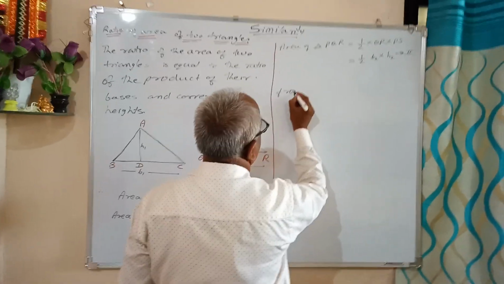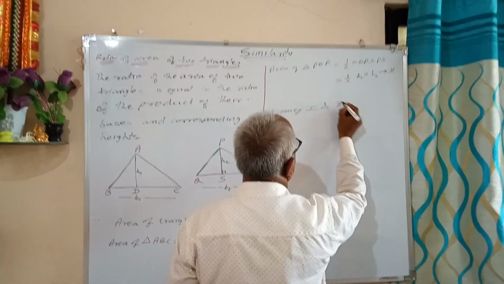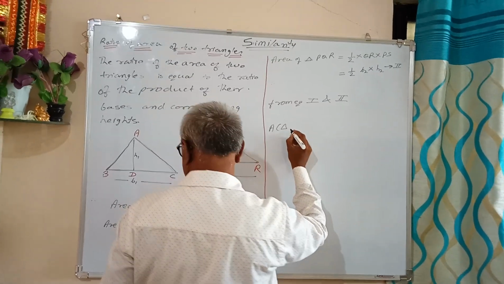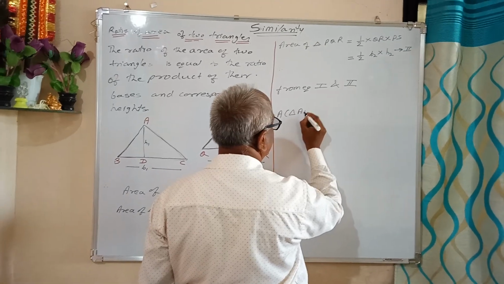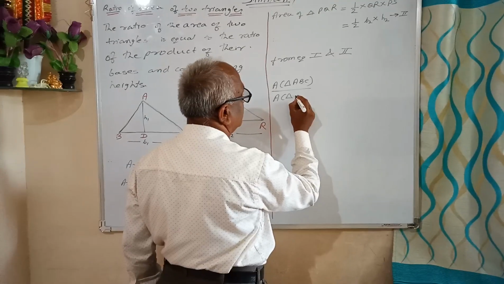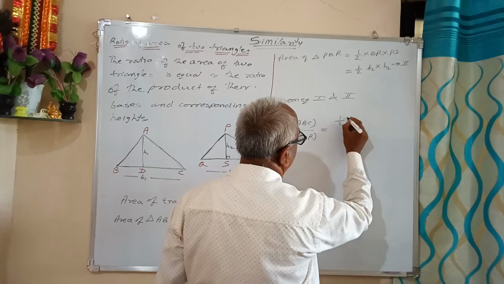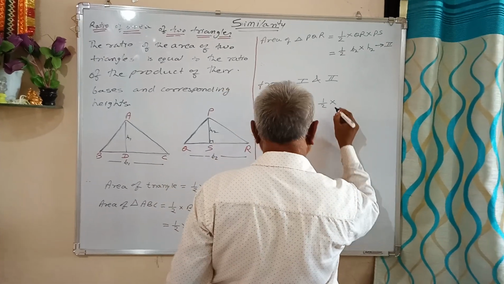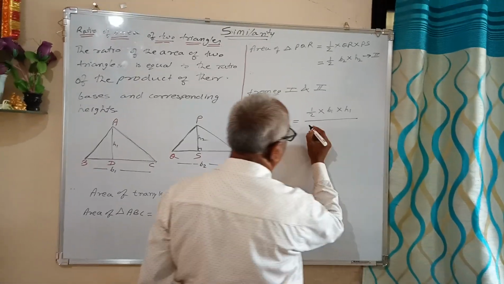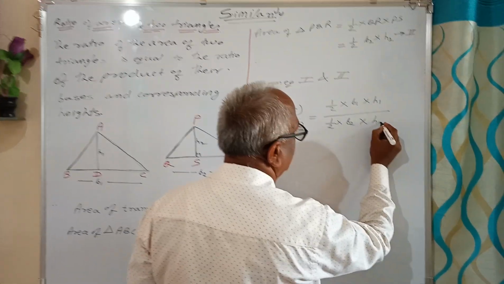From equations 1 and 2, if you take the ratio, that is area of triangle ABC upon area of triangle PQR is equal to half into base B1 into height H1 upon half into B2 into H2.